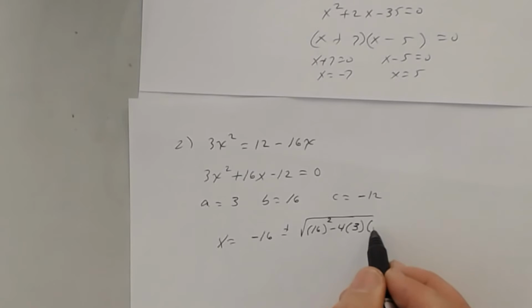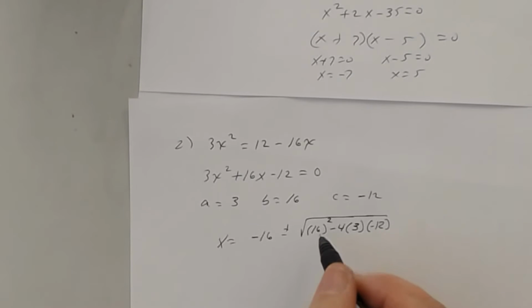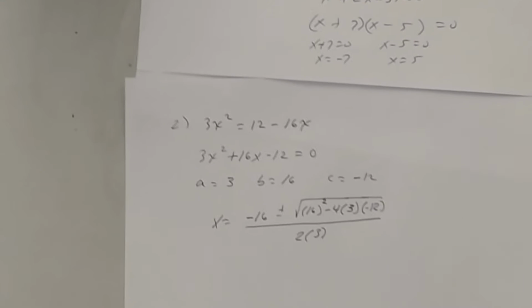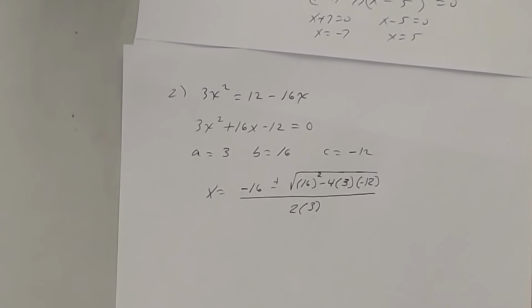And what's C? Negative 12. Notice when I'm writing my discriminant, I'm putting all these in parentheses. All of that is being divided by 2 times A, and A is 3. Okay, so that's what I have. Once you get to that point, everything else should be fine.